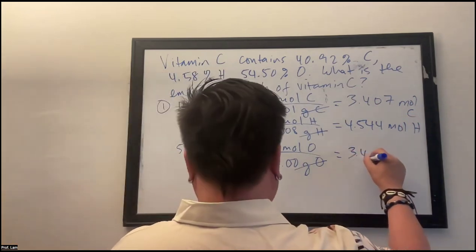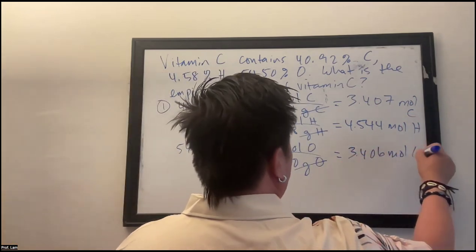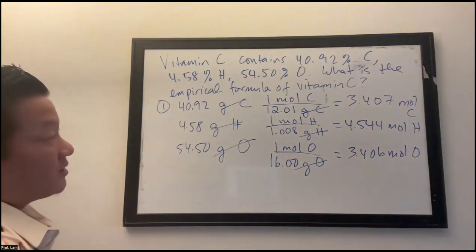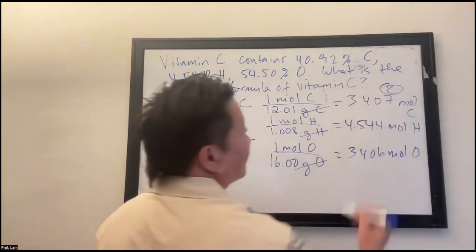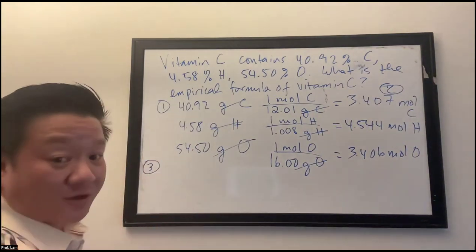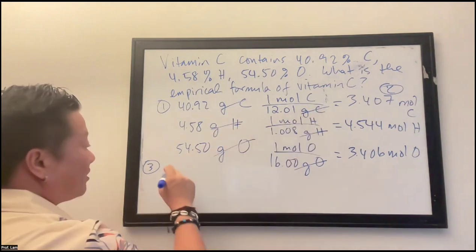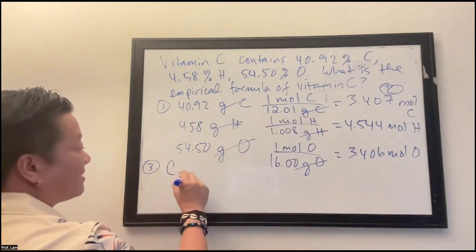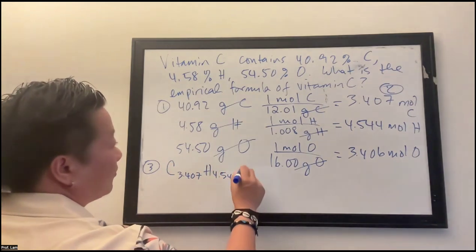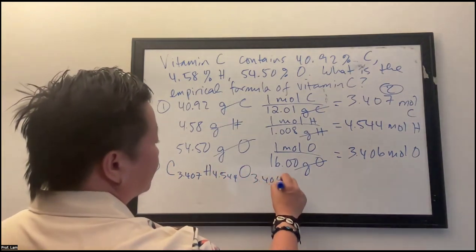And 3.406 moles of oxygen. Okay, so that's step two, right? Converting grams to moles. Then step three, we write the pseudo formula using the mole numbers as subscripts. So for carbon, it's 3.407. Hydrogen is 4.544. Oxygen 3.406.